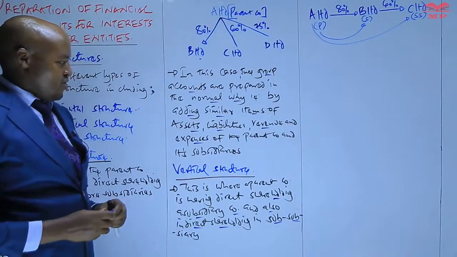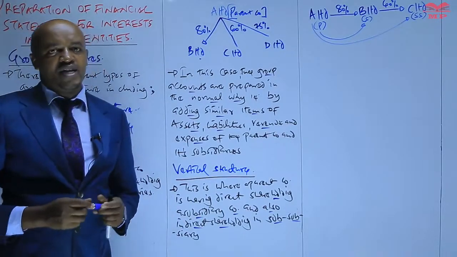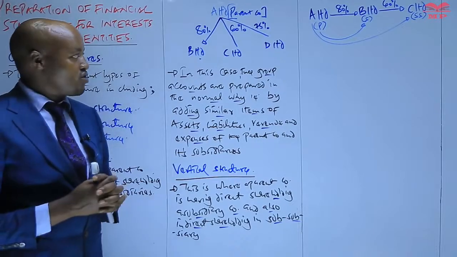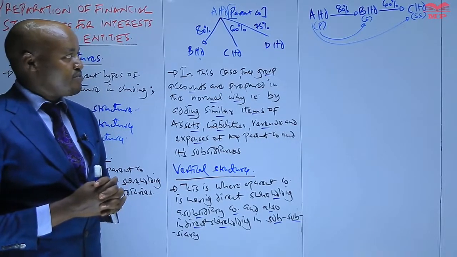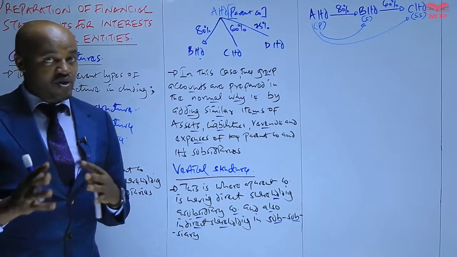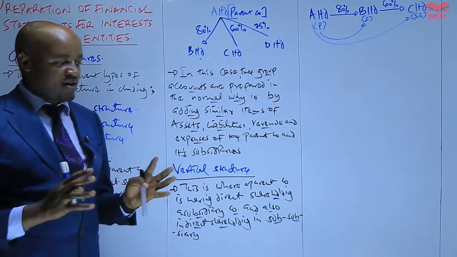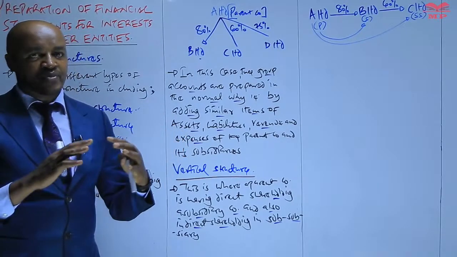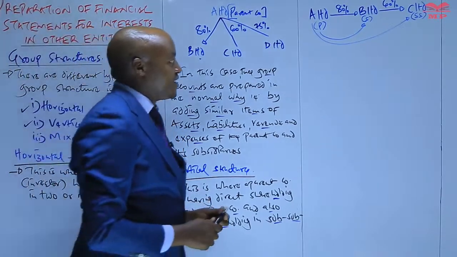Now, when preparing the group account, or basically the consolidated financial statement, in the case of a vertical group structure, there are some important points which the candidate must be able to know, and which basically will help them in terms of preparing the group account of such questions having that type of group structure.